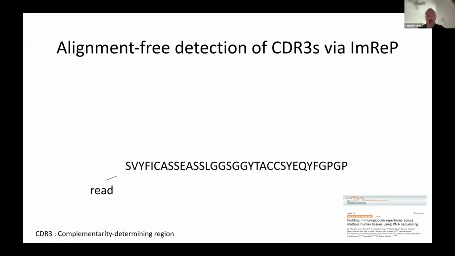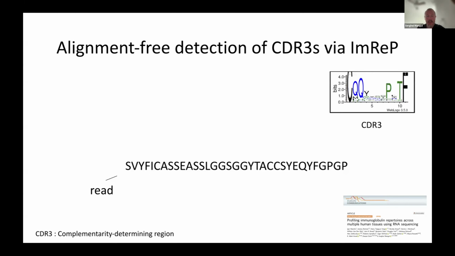So the way it works, we are seeing a read, and the read is nucleotides. We convert that to amino acids in all the frames, and we hope that the read will have a CDR3 sequence inside. We use the definition of the CDR3 sequence right away.